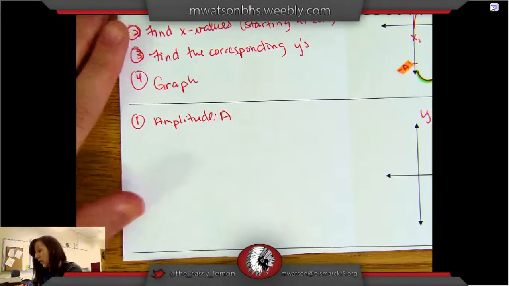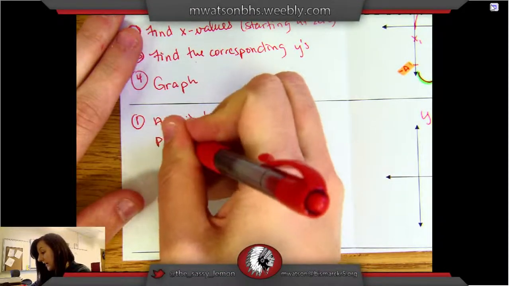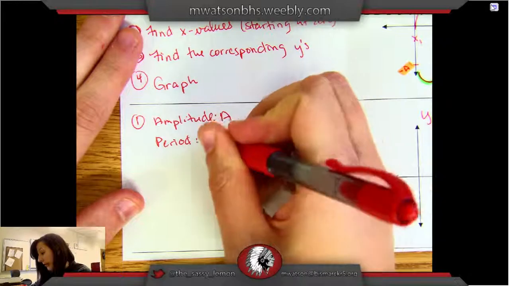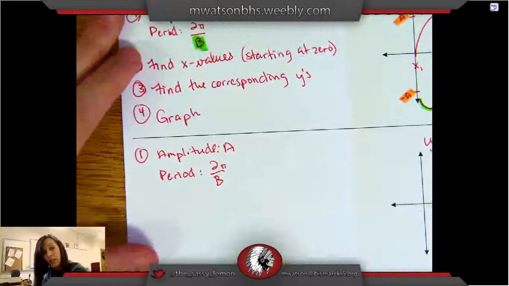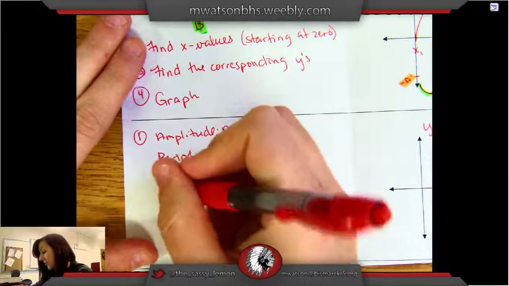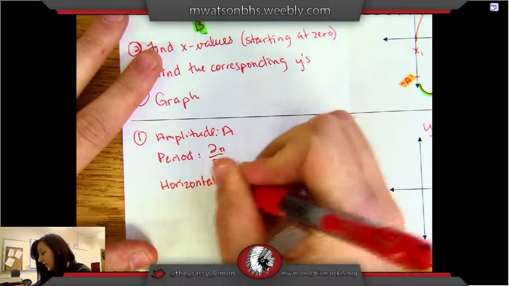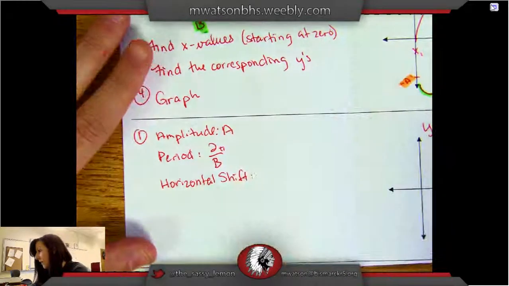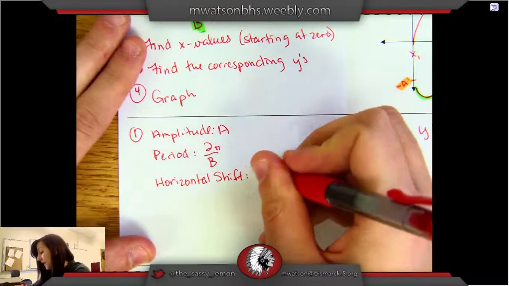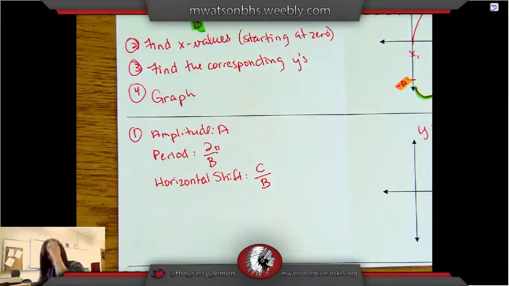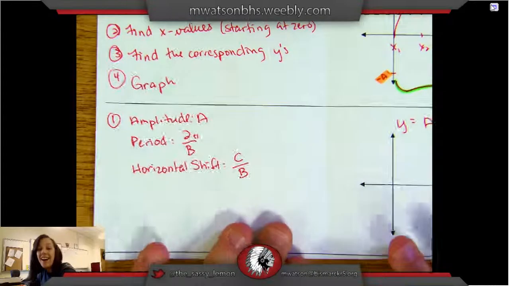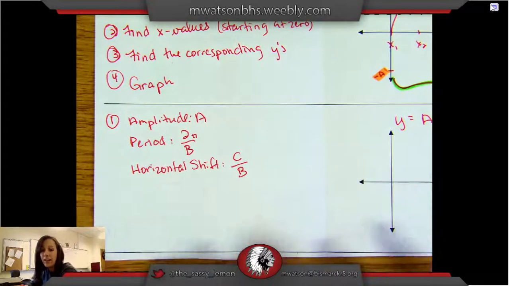Whatever that is, we're going to call it A. The period, again, will be your original period 2 pi divided by B. But this time, we need to identify our starting point, or our horizontal shift, and that is going to be C divided by B. Okay, so notice our horizontal shift is not C. It's not just C. It's C divided by B. That's how much we scoot over. You don't need to know why. That's just it. Okay, it's C over B.